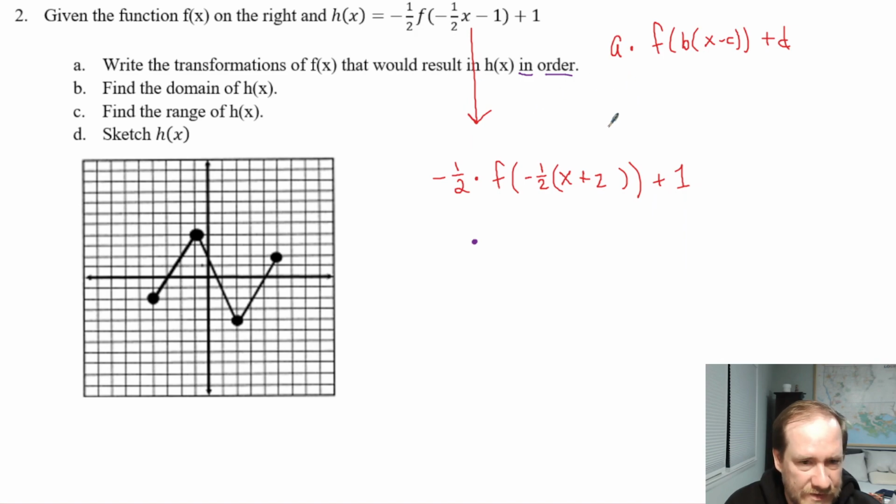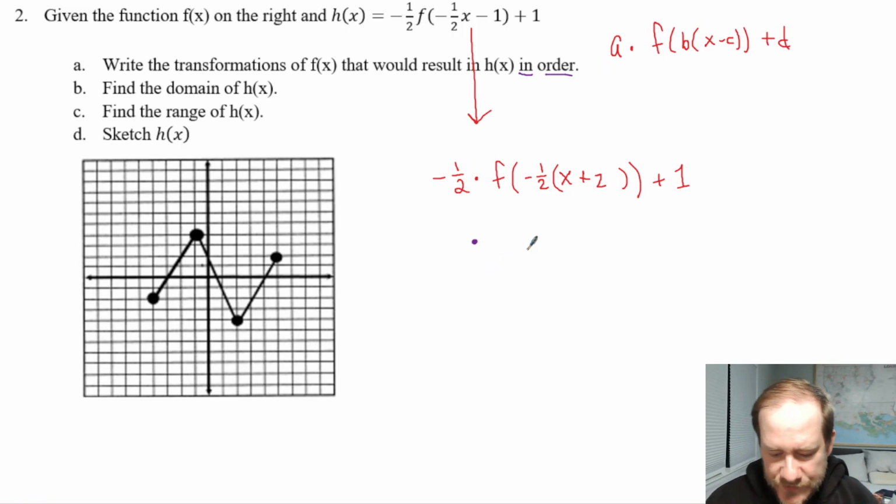Make sure you translate last, because if you translate first and then dilate, then the effect of that dilation is multiplied by the fact that you've translated first. You're now dilating a bigger number and it has a greater effect. So it's just always wrong to translate before you dilate or to translate before you reflect. So make sure you just do it last.